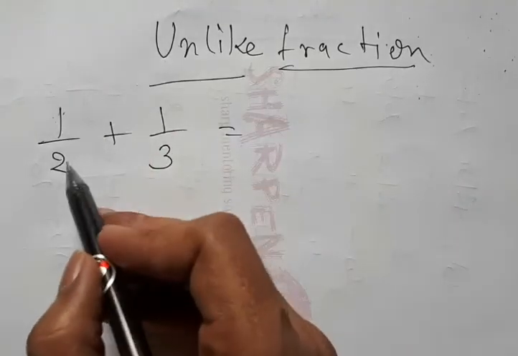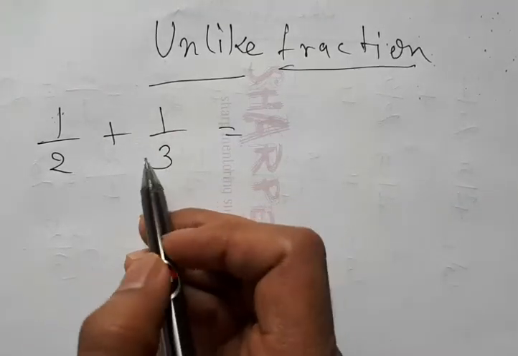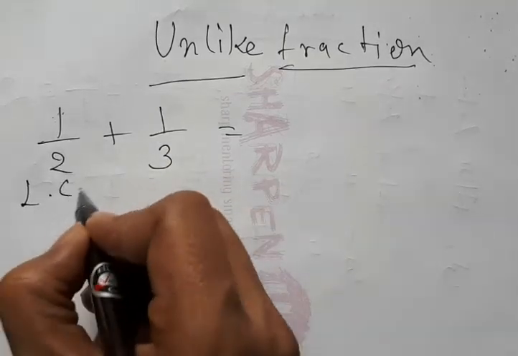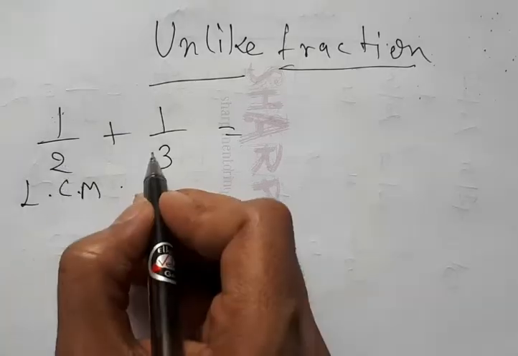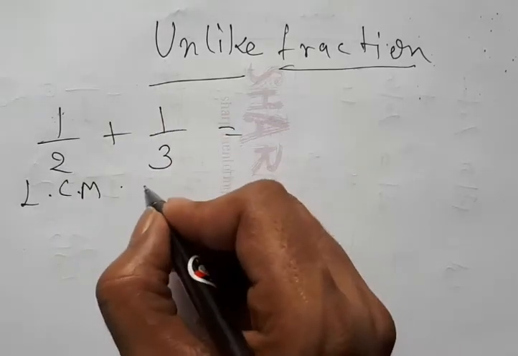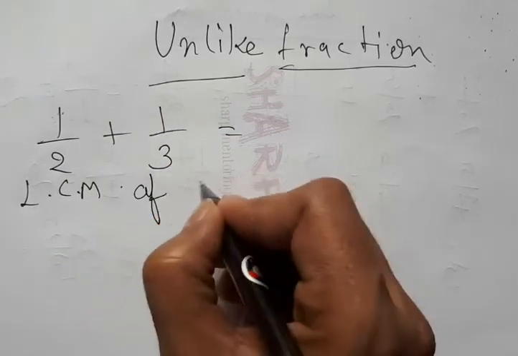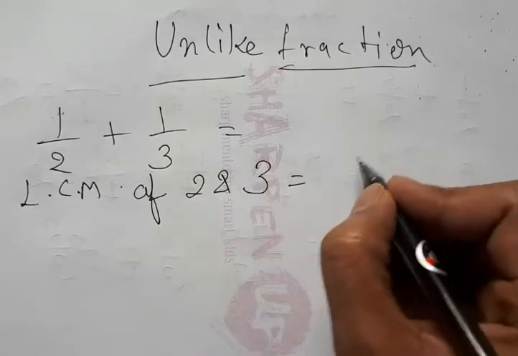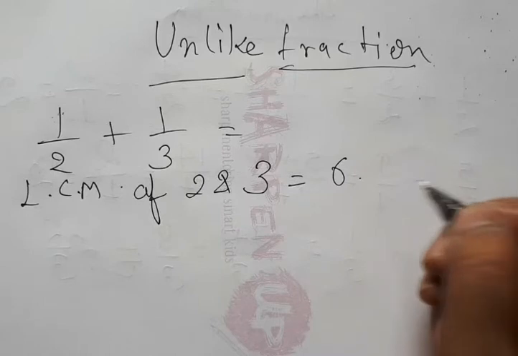As we can see, the denominators are different, that means they are unlike. So first we will find the LCM of the denominators. The denominators are 2 and 3. The LCM of 2 and 3 is 6.